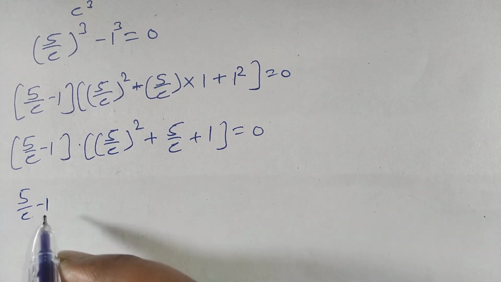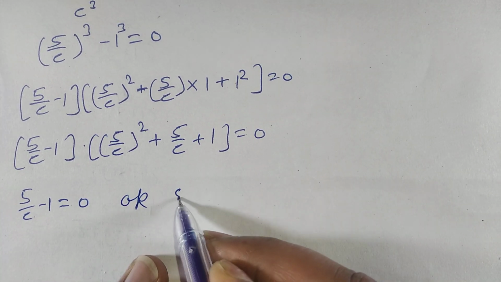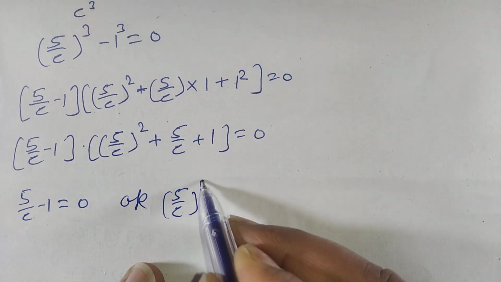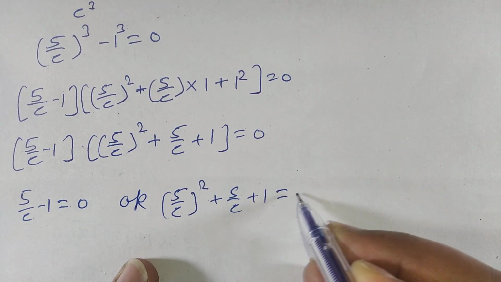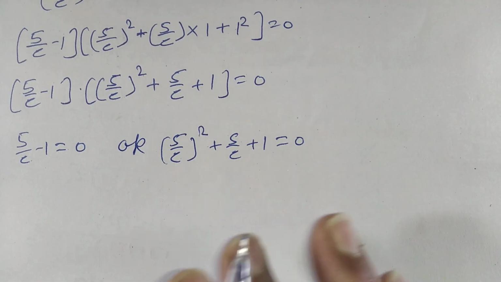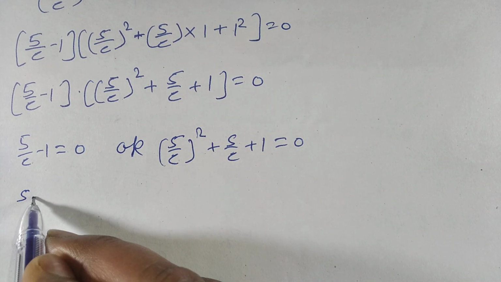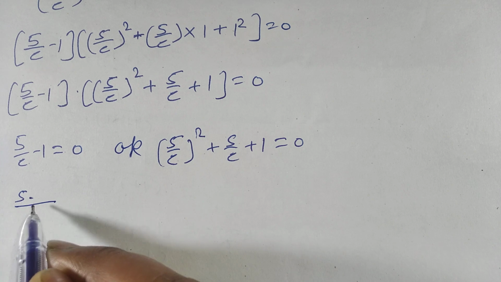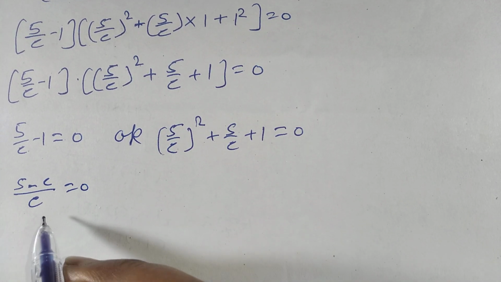5/c minus 1 is equal to 0, or (5/c) square plus 5/c plus 1 is equal to 0. On solving this, let's take an LCM: 5 minus c is equal to 0.